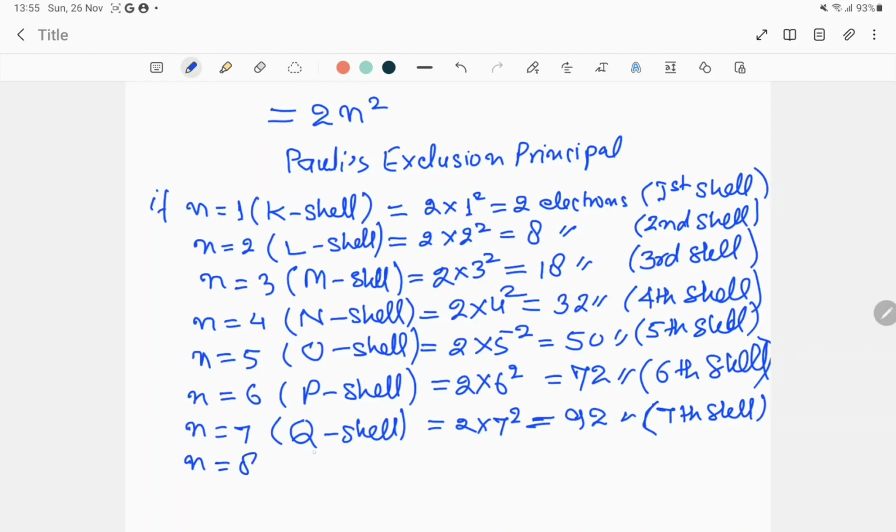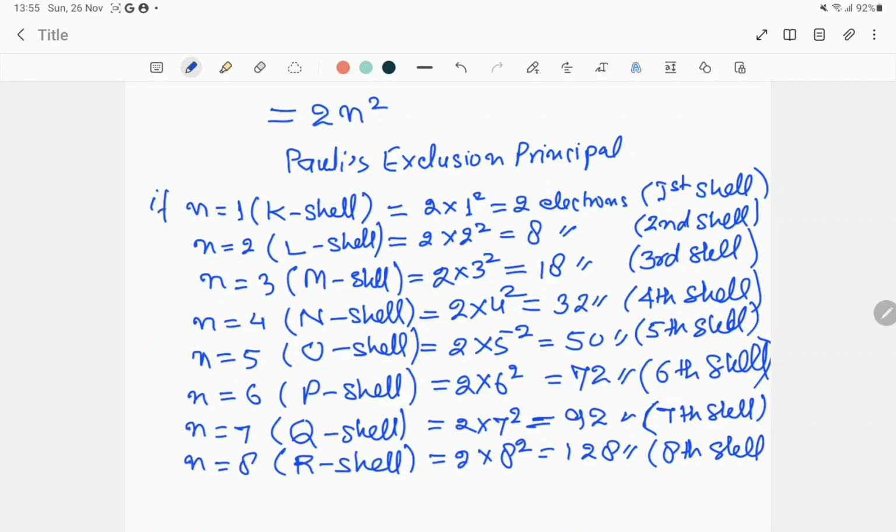If n is equal to 8, R shell, then 2 into 8 square is equal to 128 electrons in the eighth shell.